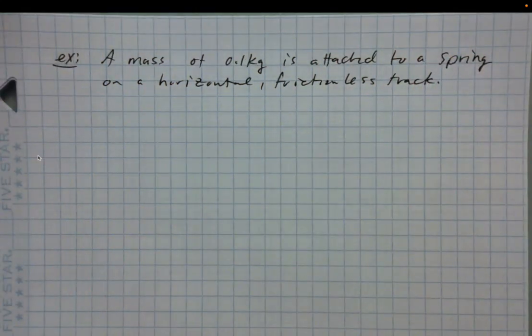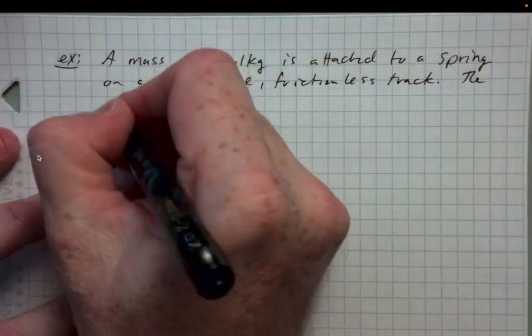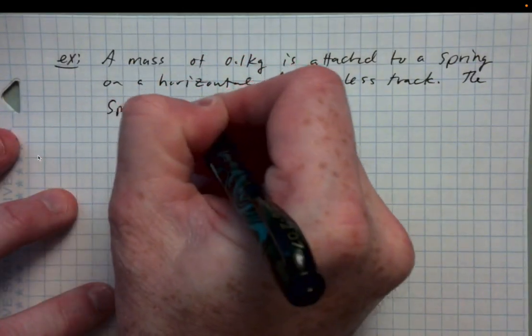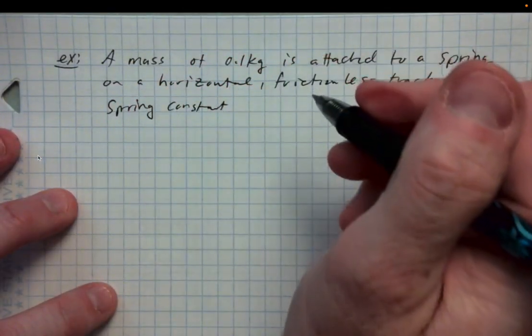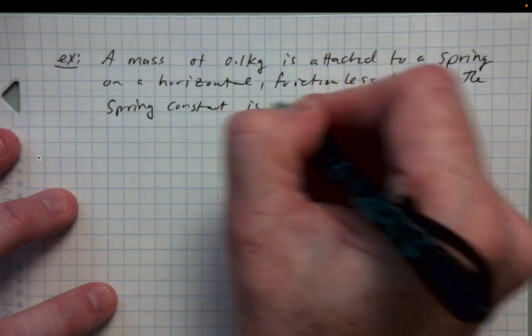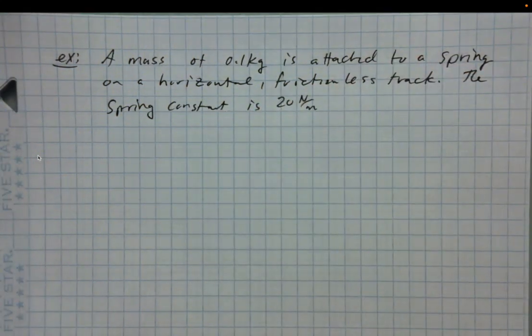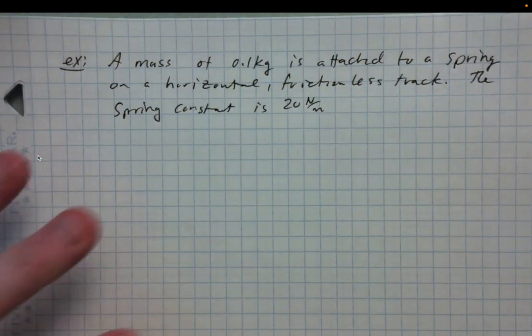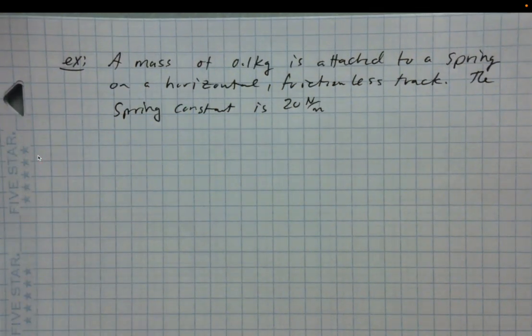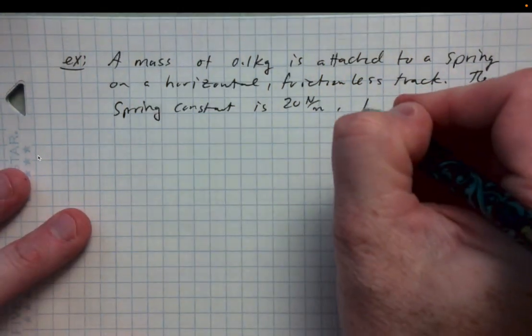The spring constant is 20 newtons per meter. And we'll say that initially the spring is in its resting state, but the mass is moving to the right at 1.5 meters per second.